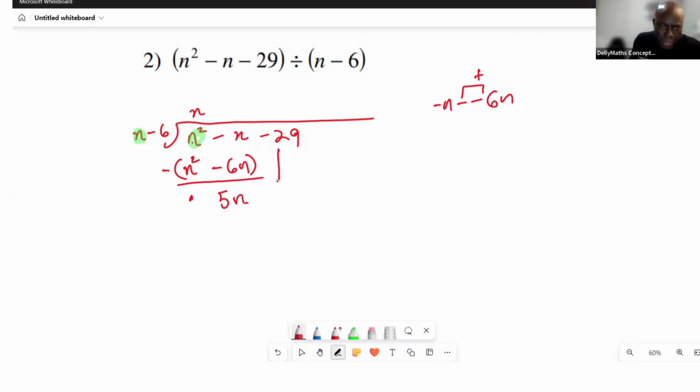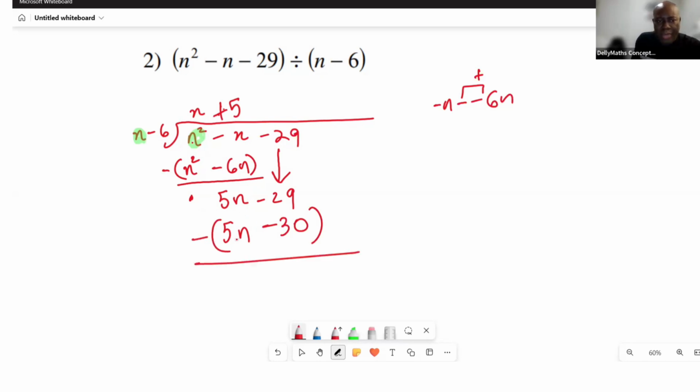And then I'm going to drop down this -29. And then we're going to have n into 5n. That's going to give me +5. Then I'm going to use +5 times n. I'm going to get back my 5n. 5 times -6, I'm going to get -30. And then we subtract again. 5n minus 5n gives us that 0.